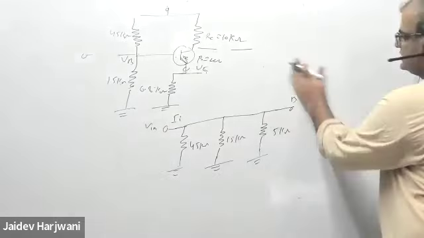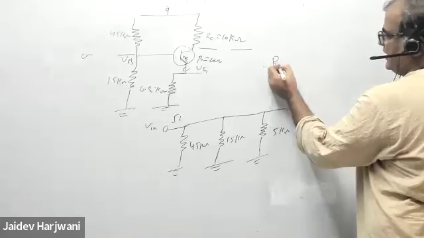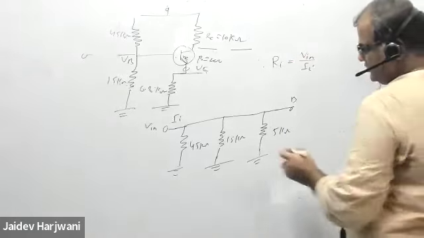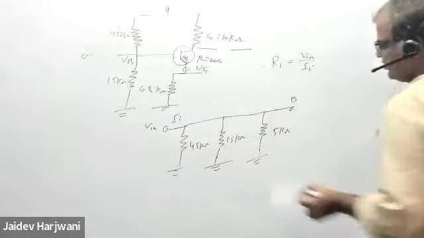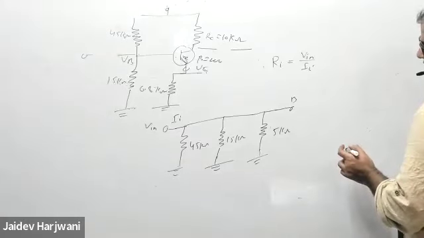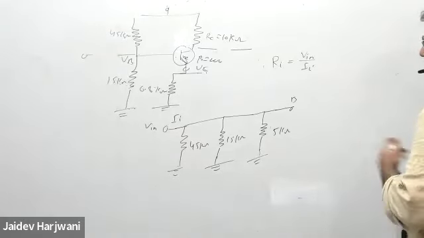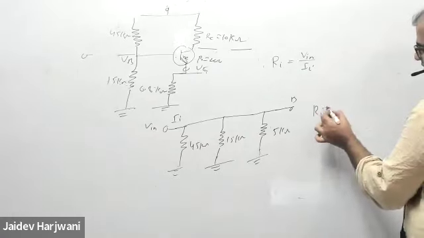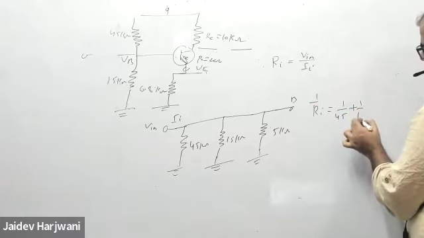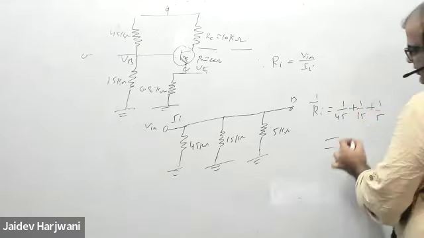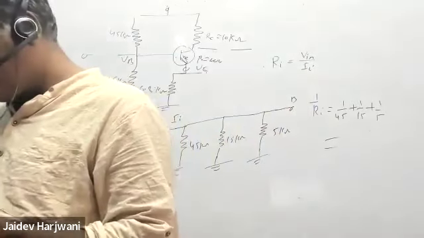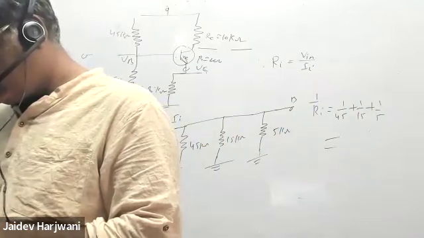R input will be V input divided by I input. You should know all the resistor values. So R input will be basically 1 by 45 plus 1 by 15 plus 1 by 5. Tell me how much is coming?